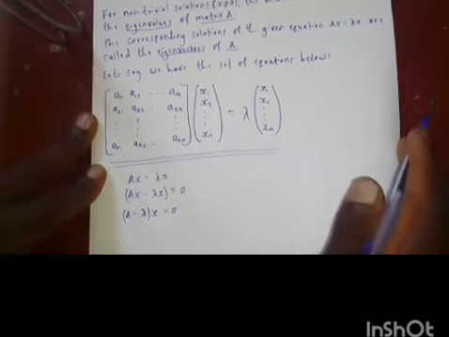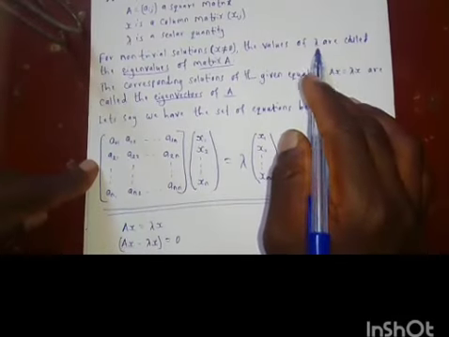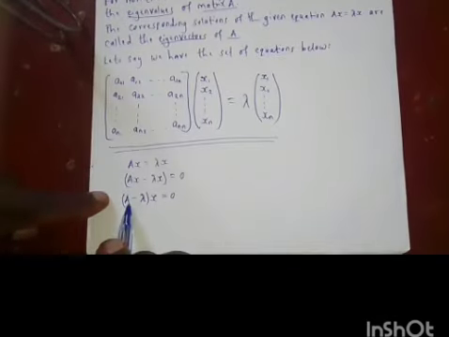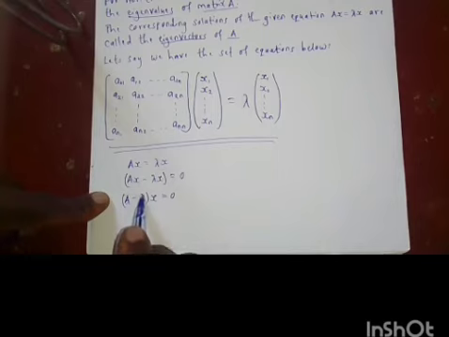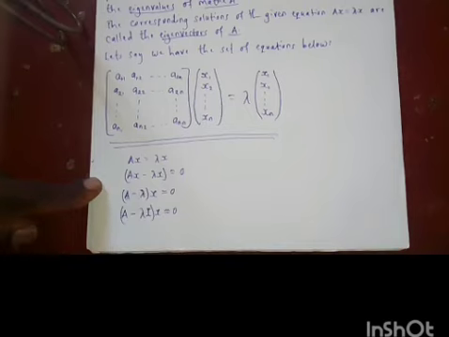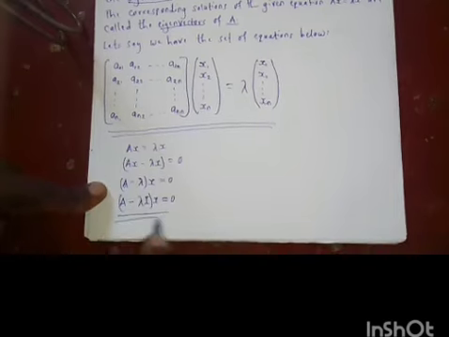But remember, we said that lambda is a scalar quantity and A is a matrix. So for us to make this lambda to be subtracted from A, we have to make it a matrix. And that is now by multiplying it with an identity matrix. So we write, it becomes in this form.